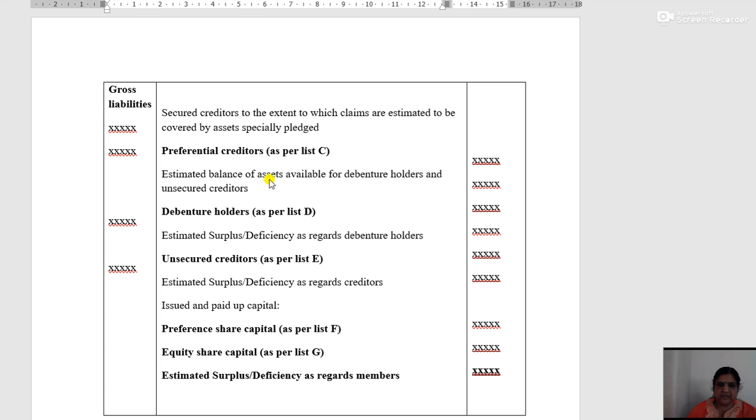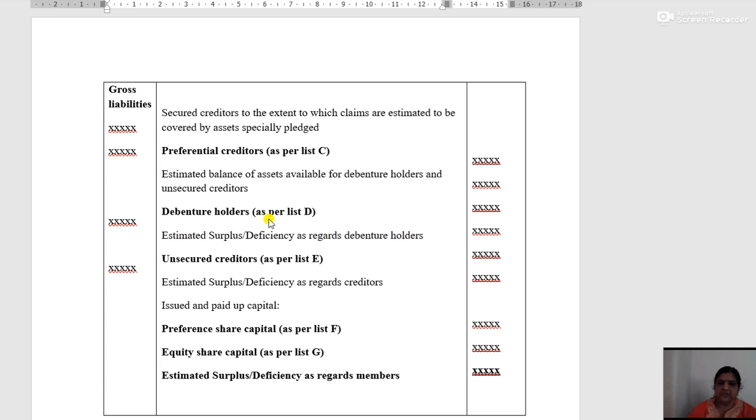Then estimated balance of assets available for debenture holders and unsecured creditors. After making payment of preferential creditors, next is the debenture holders and unsecured creditors. Then comes debenture holders as per list D. Then estimated surplus or deficiency regarding debenture holders.